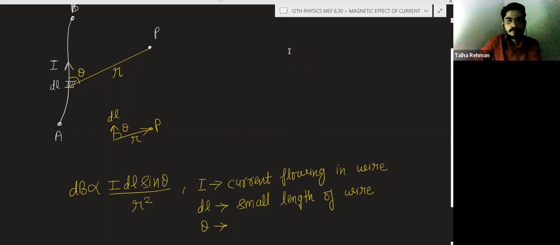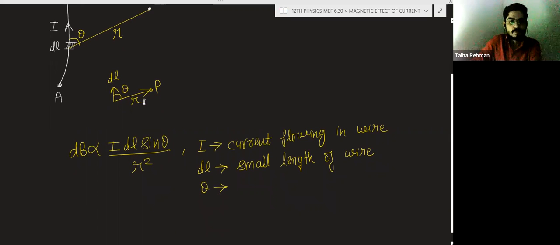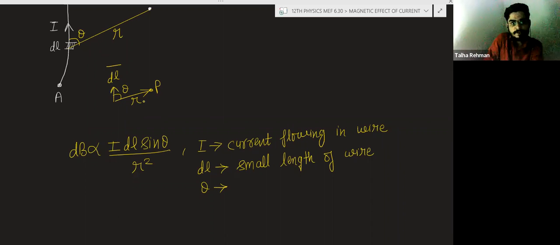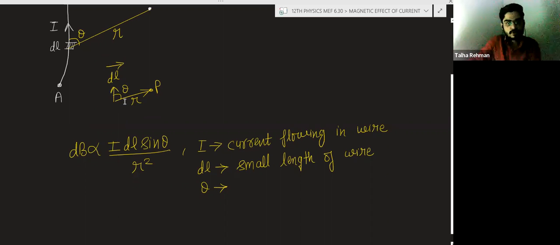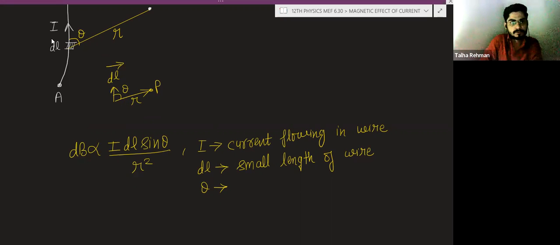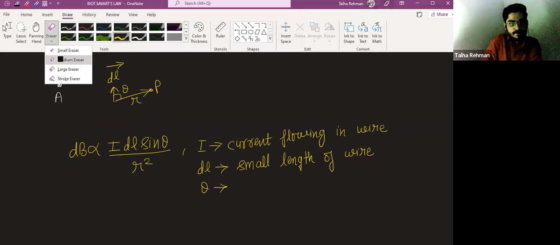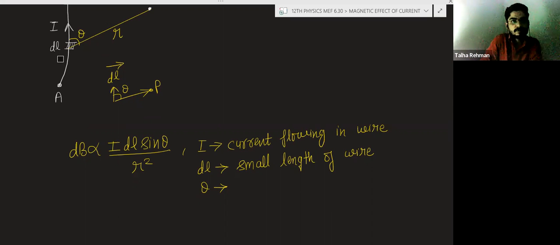Theta, you can write as a vector, and I am also making this r a vector. Just wait, I will explain each and everything.